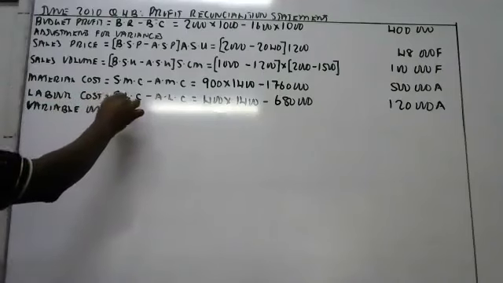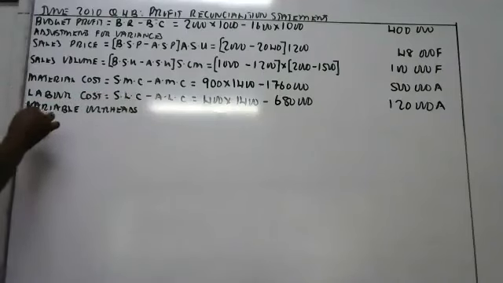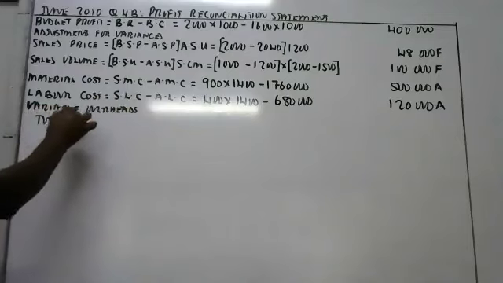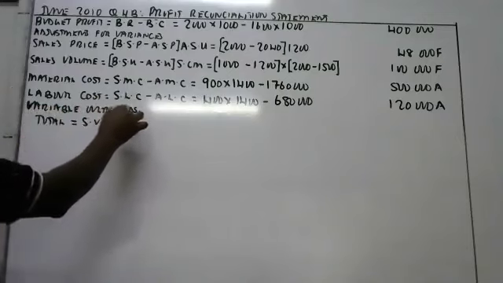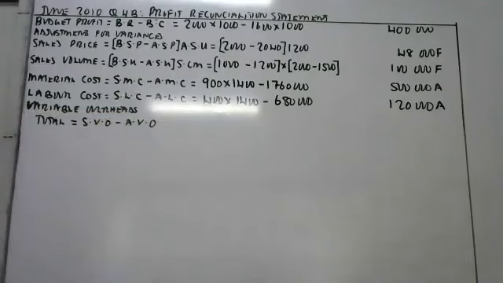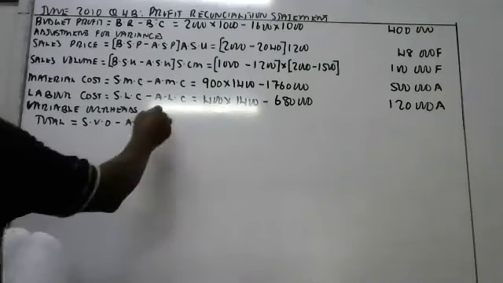And in variable overheads, we compute the total. Total is standard variable overheads minus actual variable overheads. Now, we go up again to the standard card. And when you get there, the variable overhead per unit was supposed to be 200.